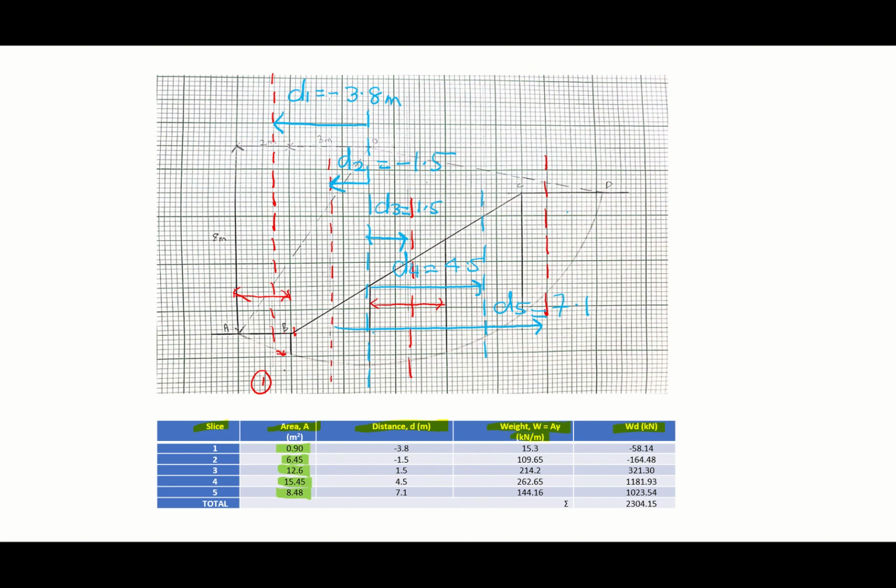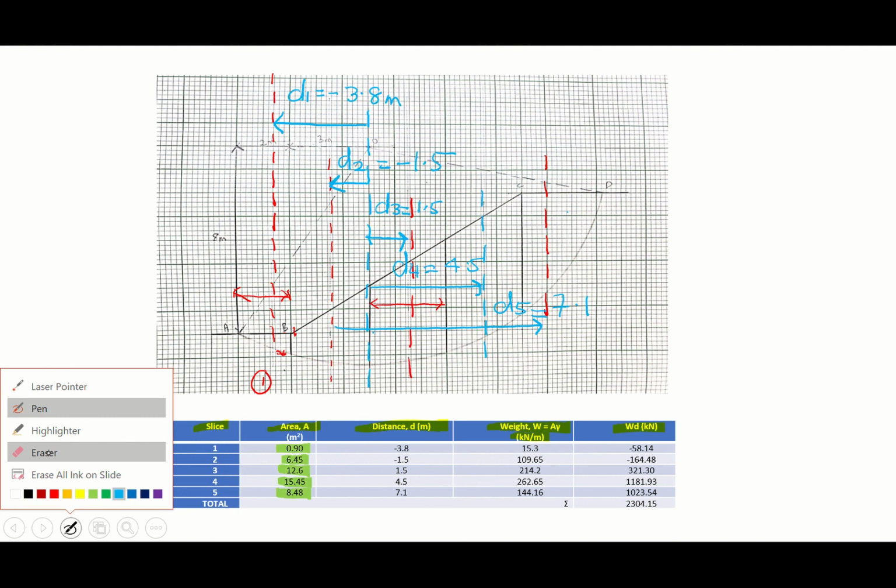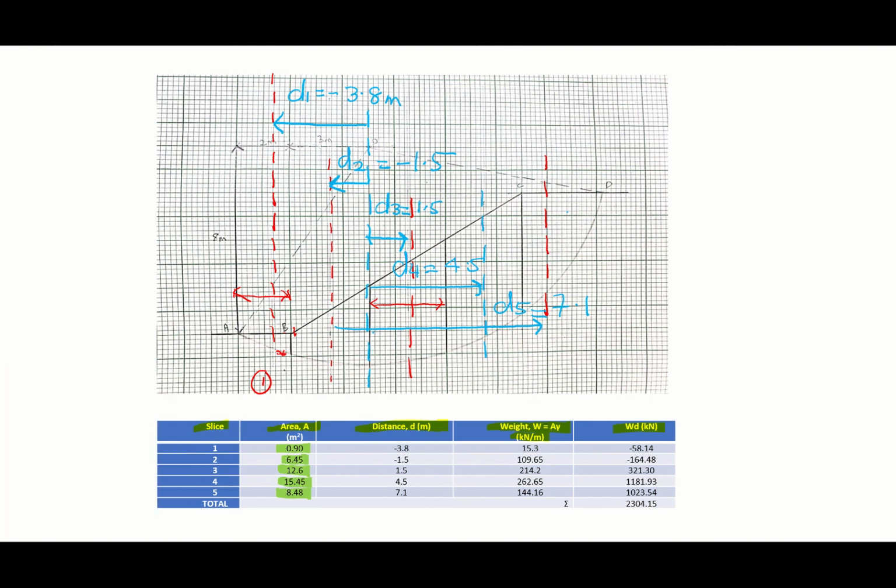Transfer all of this information to your table. You have D1 negative 3.8, D2 referring to slice number 2 negative 1.5, D3 for slice number 3 positive 1.5, D4 for slice number 4 is 4.5, and D5 for slice number 5 is 7.1.